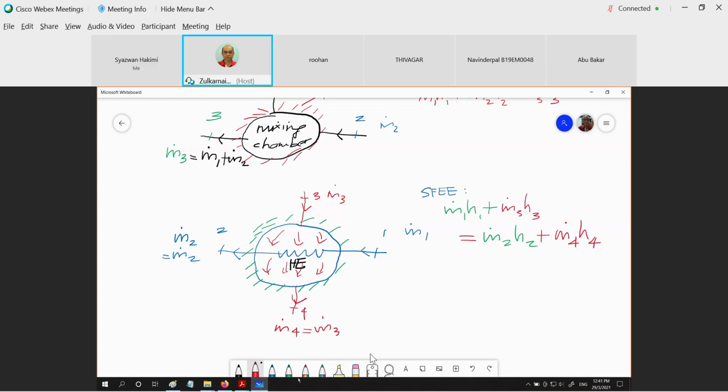Right. As far as the steam cycle is concerned, this device is being used in our steam cycle in order to increase the thermal efficiency. And the first device, which is the mixing chamber, is called the open feed water heater.